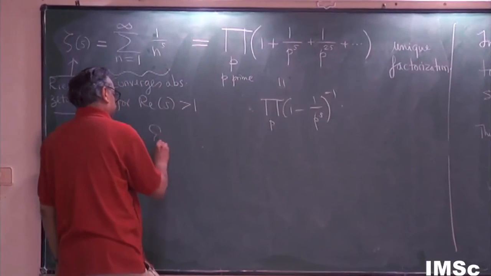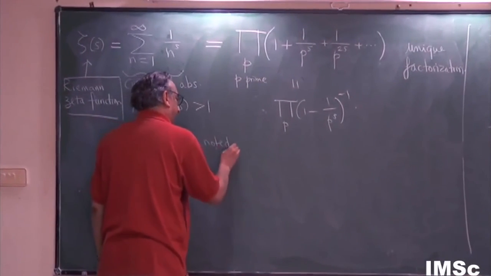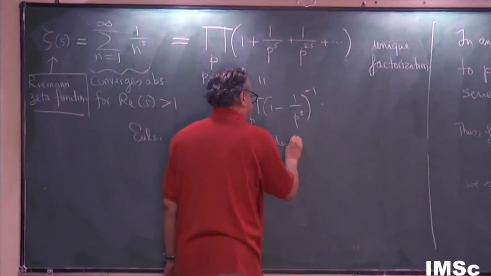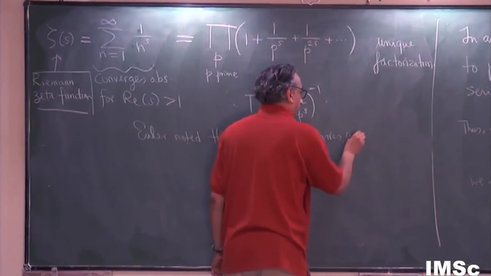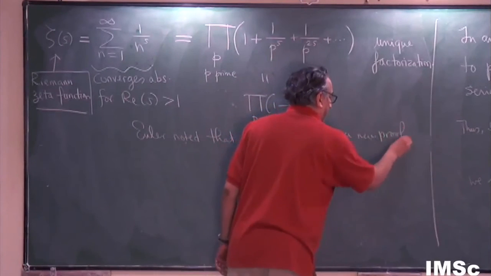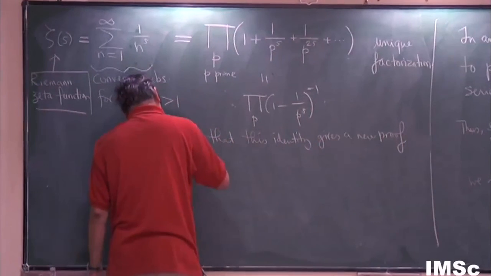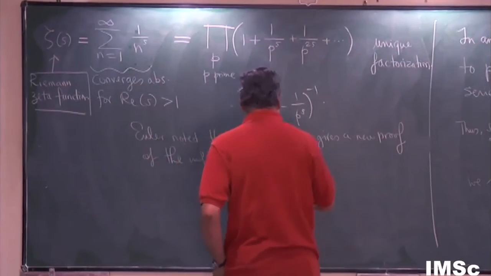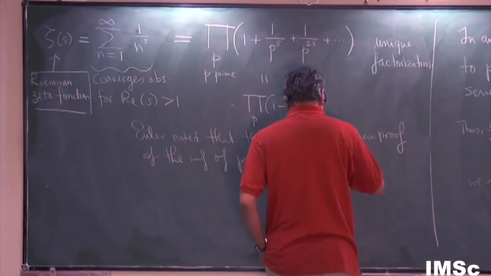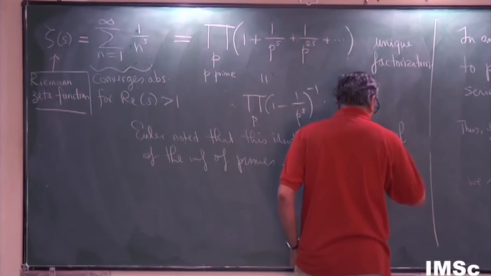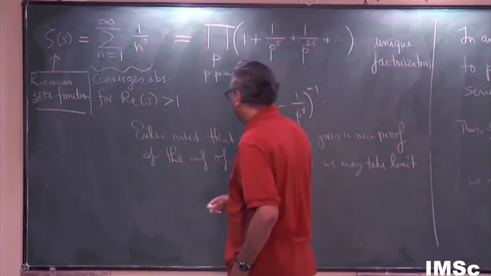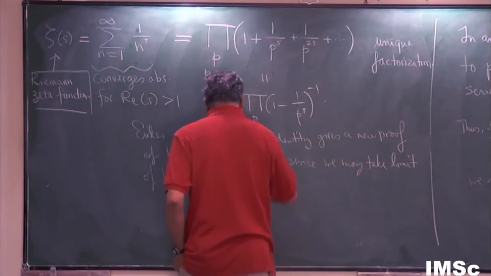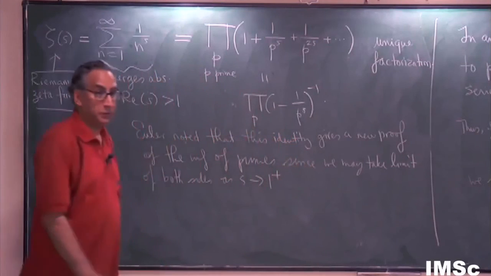So Euler noted that this identity gives a new proof of the infinitude of primes, since we may take the limit of both sides as s goes to 1 from the right to deduce the result.